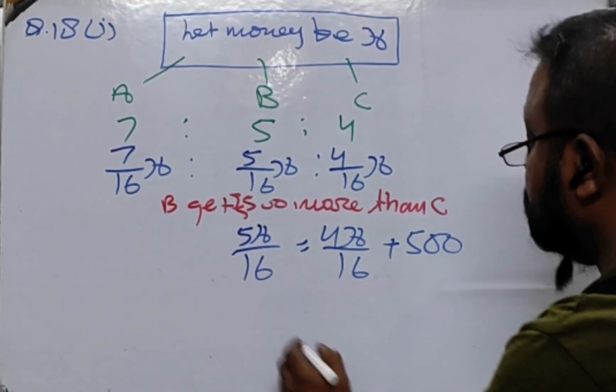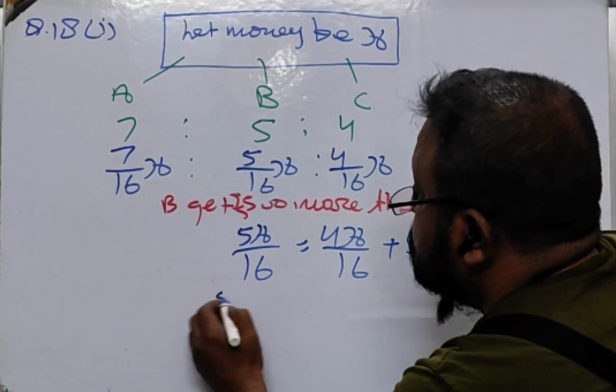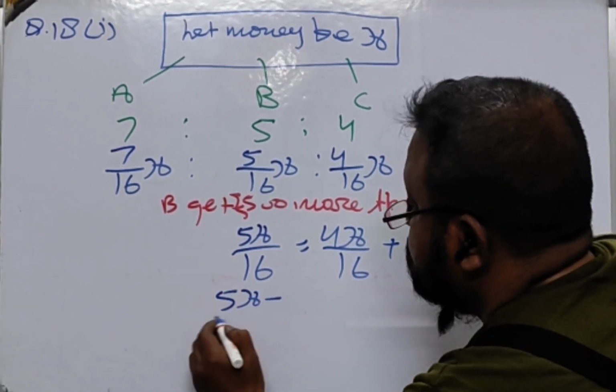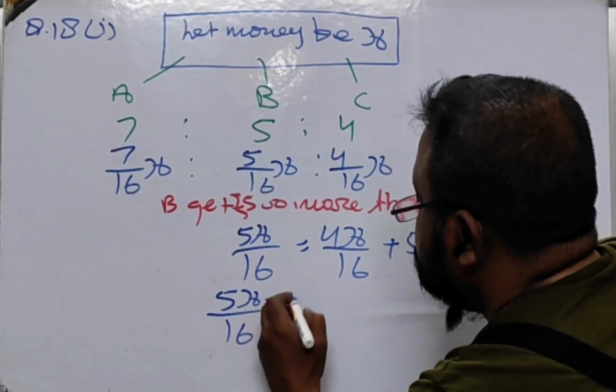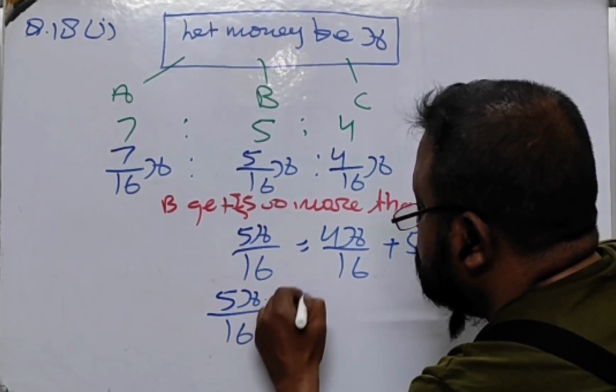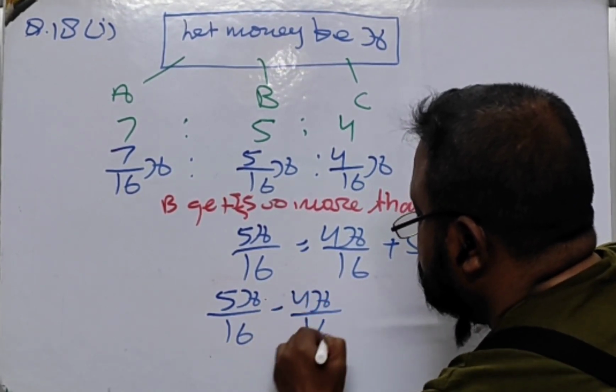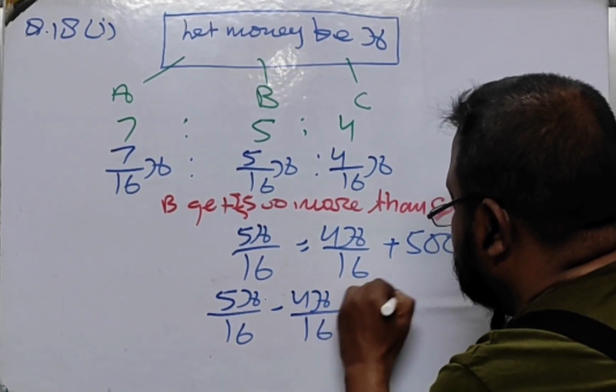So when we bring it on the other side, x upon 16 minus 4x upon 16 is equal to 500, right?